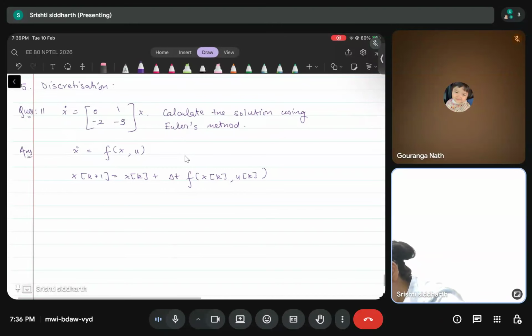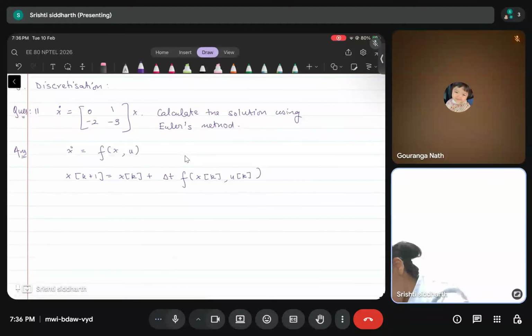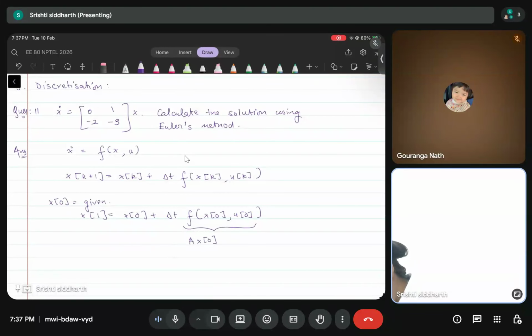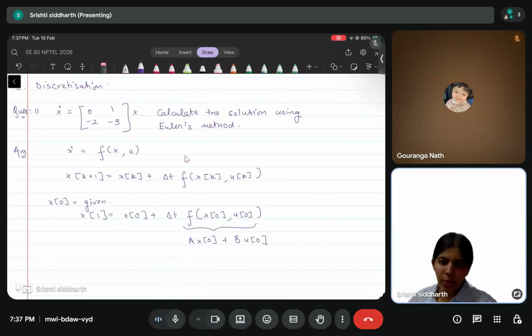So we know that x0 is given. At the next time instant, we have x0 plus delta t times f, and if we have an LTI system, this is simply the A matrix times the initial condition plus B times the input at 0.